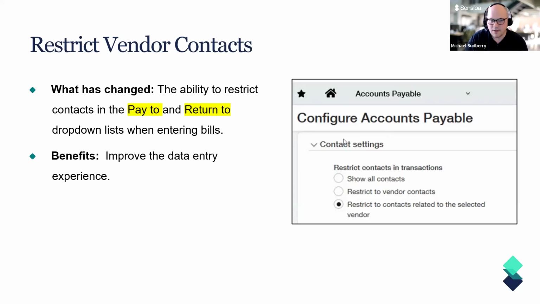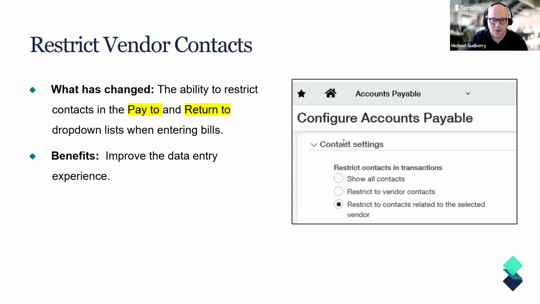Another small change, but it will be very useful for the user experience: now you can restrict vendor and customer contacts to only those that are on the pay to and return to. So if you've ever gone into a bill or an invoice and tried to change that contact, you get a full list of all your contacts in Intacct. That's one, annoying to see all of them if you just needed to change to something else that was on that record, but two, not a very good control if someone accidentally selects the wrong contact.